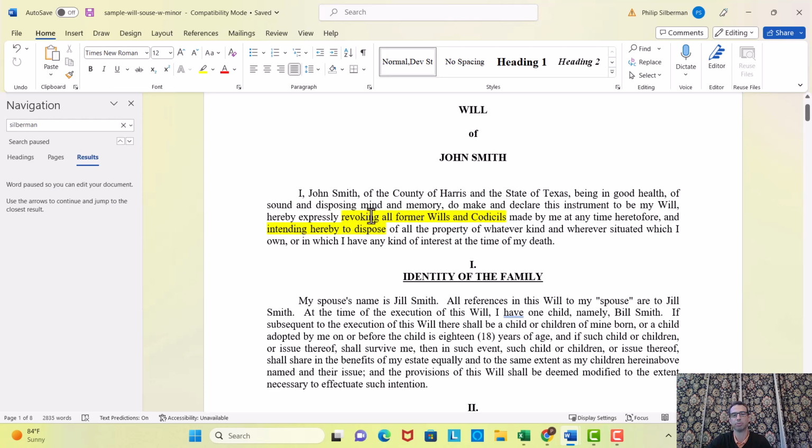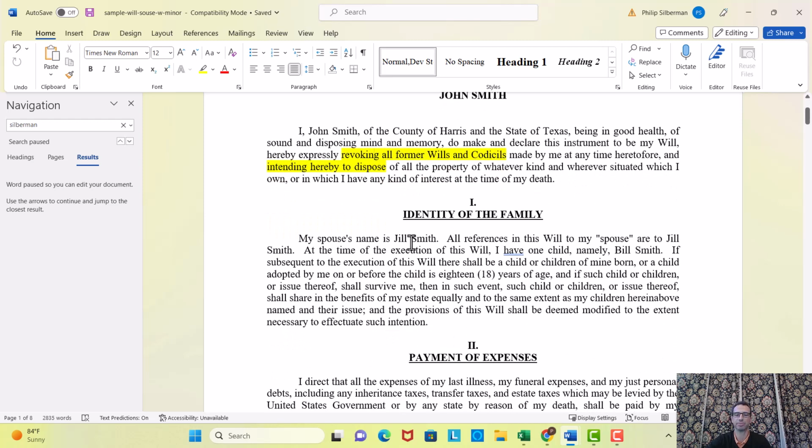The other thing that almost all good wills do is they revoke former wills and codicils. So the term last will and testament quite literally means the last will of that person that he made. And for purposes of clarity, most good wills revoke all former wills and codicils to avoid all doubt that this is in fact the last will.